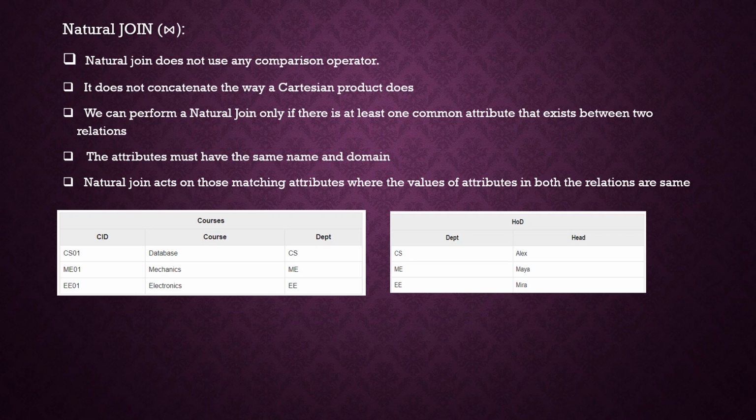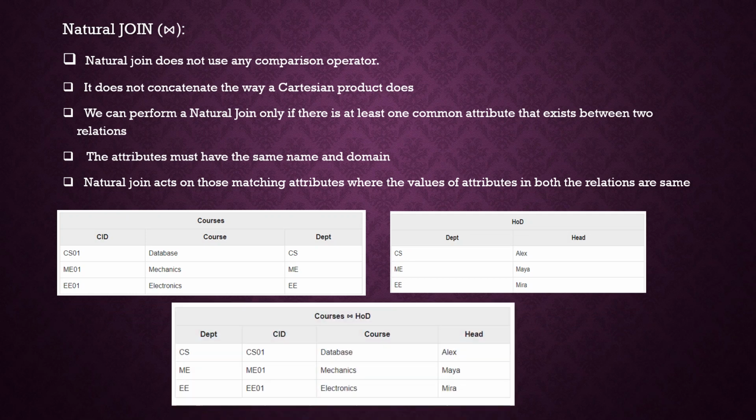It is not required that the elements be the same. Here department is the same, one common column or common attribute is there. So by using the common attribute we can combine those two tables or relations.